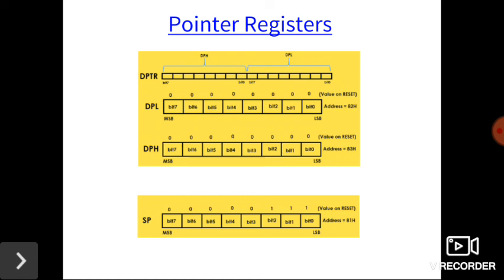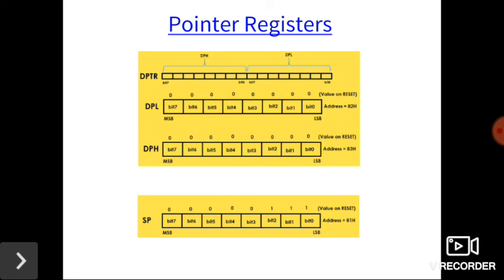The data pointer can be used as a single 16-bit register, or as two 8-bit registers, DPL and DPH. The data pointer does not have a physical memory address, but DPL and DPH have separate addresses in the SFR memory space. As shown in the figure, DPL is 82H and DPH is 83H.